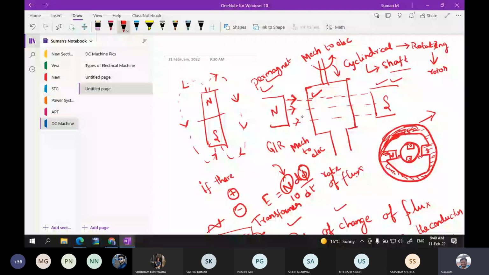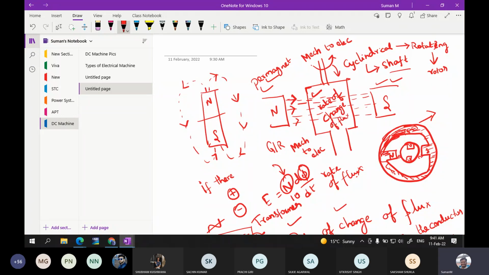When that conductor rotates, it cuts the stationary flux which already exists between the north pole and south pole. So this conductor will experience a rate of change of flux because it is cutting the stationary flux.